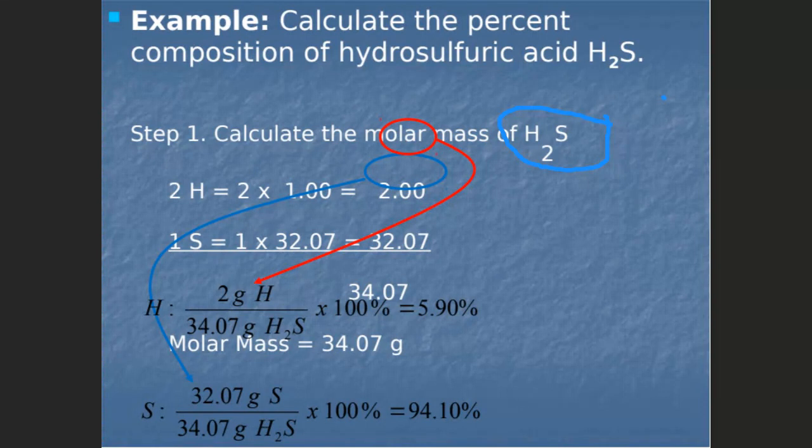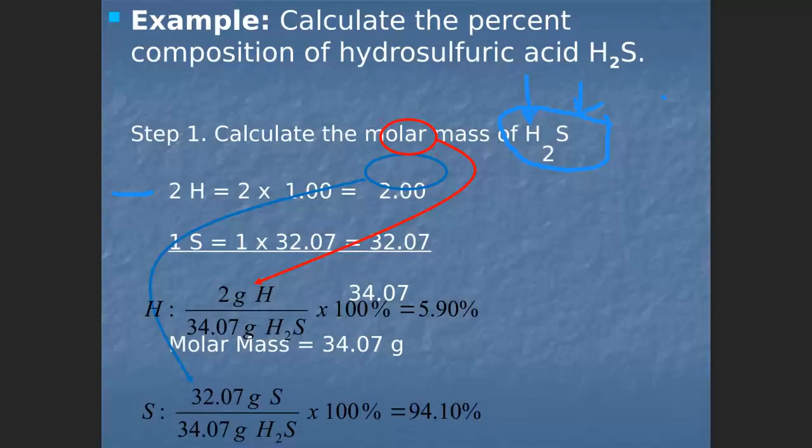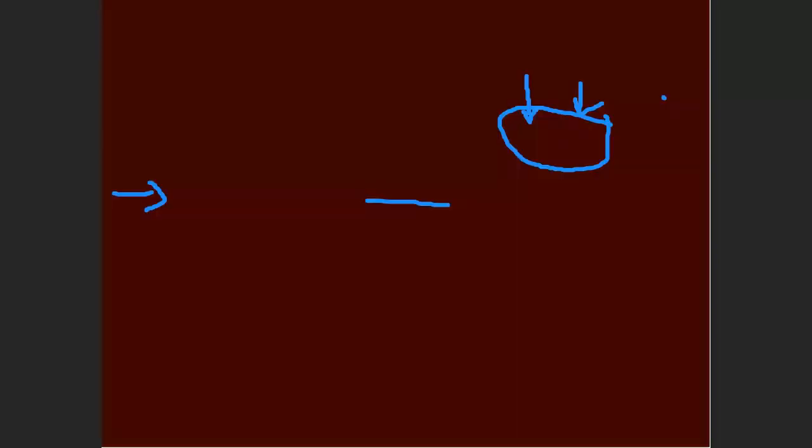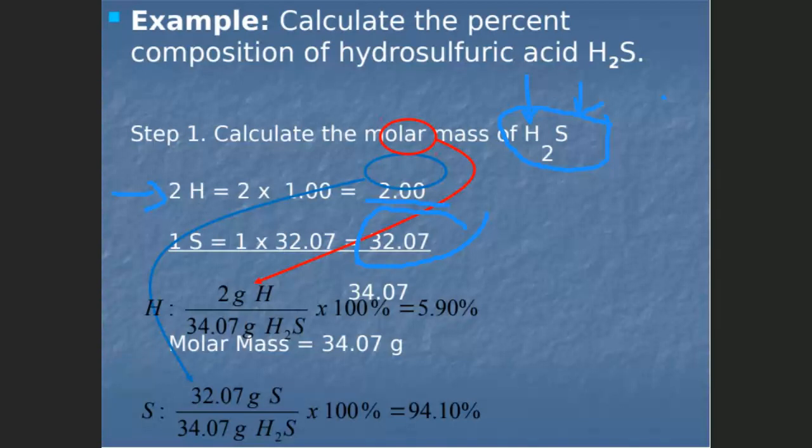Okay. First step, we have to calculate the molar mass of each element in the compound. Here H2S, so we know how to calculate it. The molar mass of two hydrogen atoms is 2 and one sulfur is 32.07. Second step, we have to find the percent of each element. I want to tell you something: there is a little formatting problem.